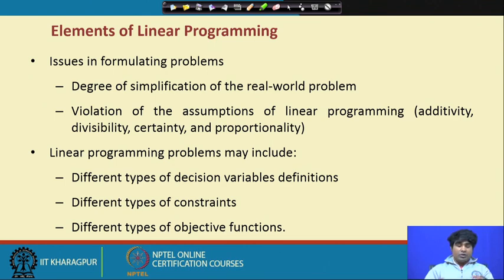Linear programming problems may include different types of decision variable definitions, different types of constraints, and different types of objective functions. In fact, till now whatever problems we have discussed are with respect to a single objective, and in a real life scenario you may have a problem with multiple objectives, and then we are looking for solutions which can satisfy all the objectives simultaneously.